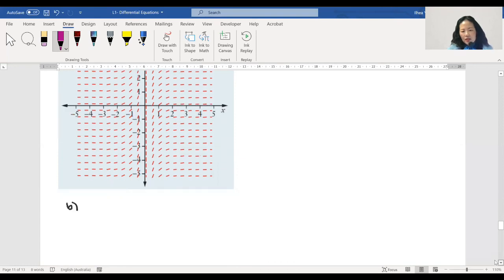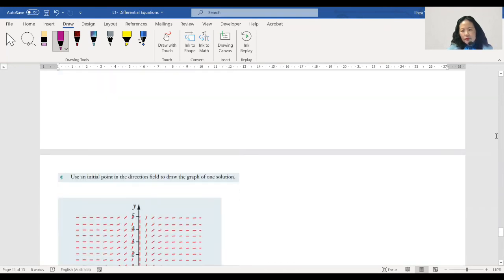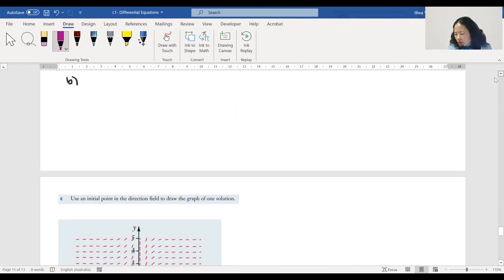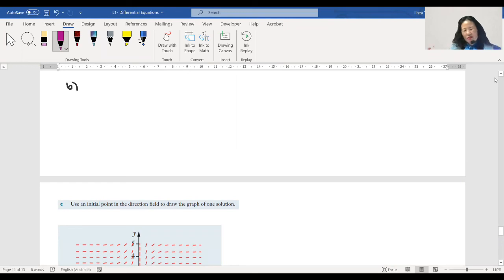And the next one, we have to find the solution. Remember, the solution is y equals, okay? y equals the integral of x to the power of negative 2 dx.